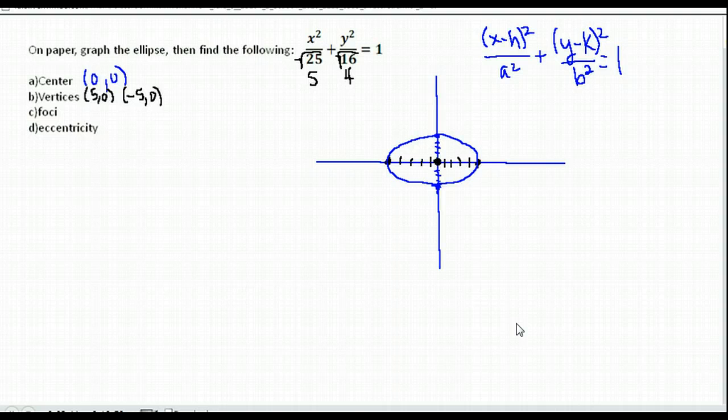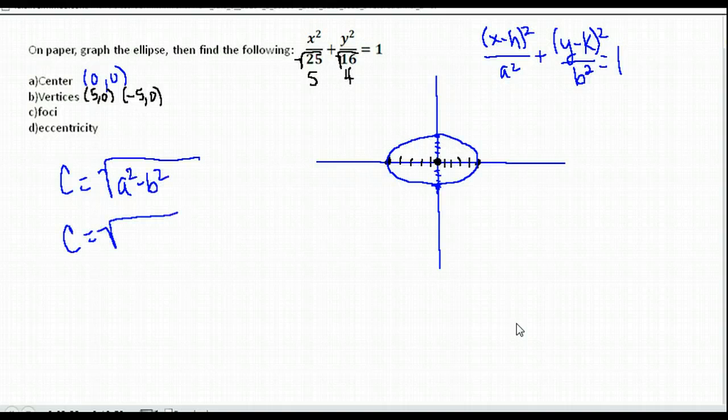Okay, the focus points, we use c to find that. To find c, you take the square root of your a squared and b squared, doing the larger minus the smaller. So in this case, it's going to be a squared minus b squared. 25 minus 16 is 9.